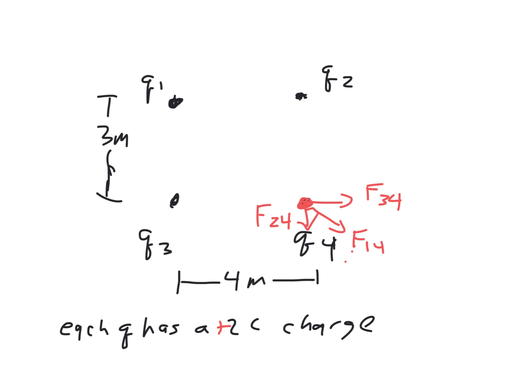Well, we can say that that force is on that line, and whatever angle this guy is, that is the angle that F1,4 will also make. We know that this distance is 3, this distance is 4, so we can use the arctangent to find that angle. So now I've got 3 vectors, F3,4, F1,4, and F2,4.